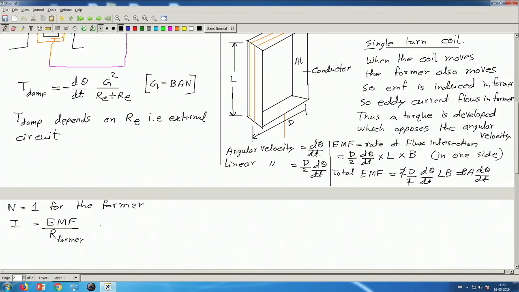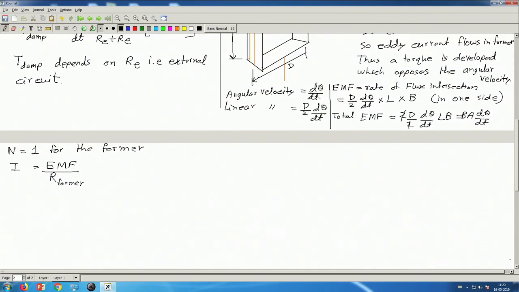So, and then the torque will be how much? B A n, N is equal to 1 in this case, you can write it like this, B A n times the current, which is equal to B A times EMF.